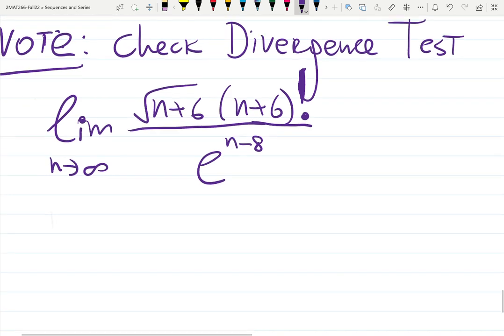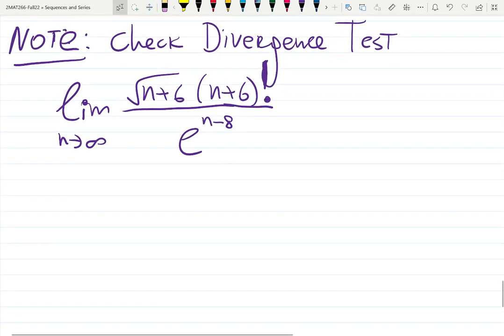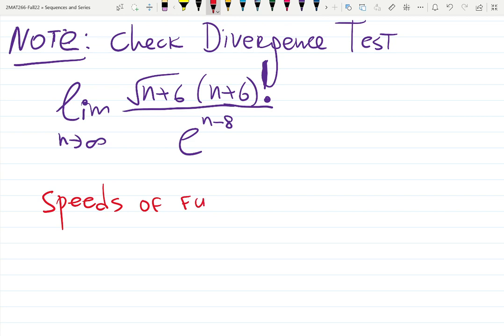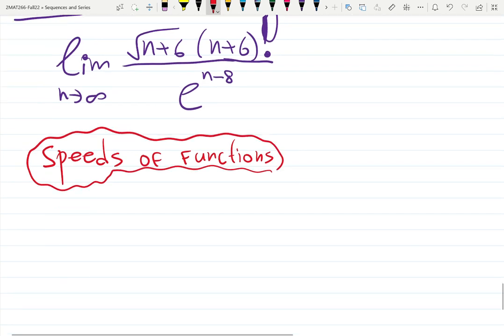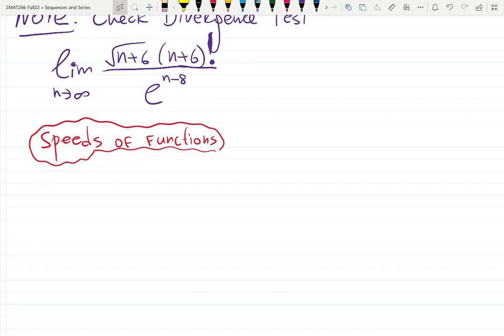But I mentioned last time that if you check speeds of functions, and I do have a video on that, I teach it in Calculus 1 as well. And when we work with limits, that video is really good. Then the log is the slowest one at infinity.